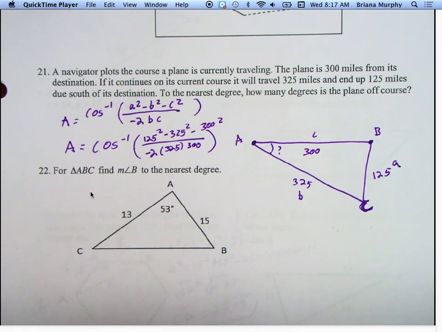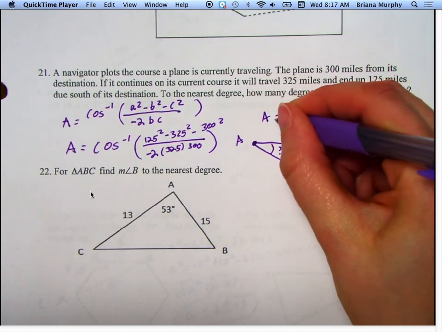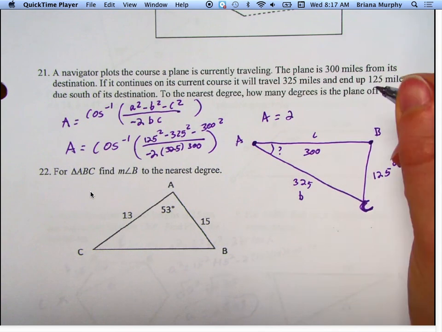Then I hit control divide, and it makes that fraction for me. Then I put in 125 squared minus 325 squared minus 300 squared all over -2 times 325 times 300. And I get A equals 23 degrees, because I'm going to round to the nearest degree.